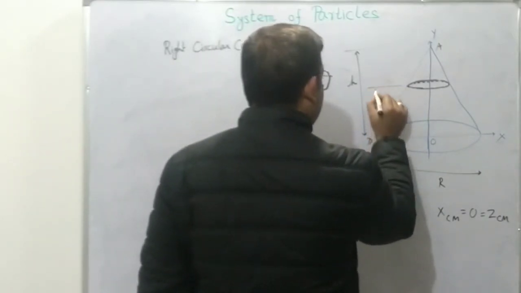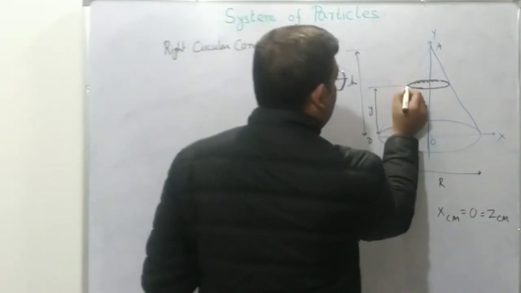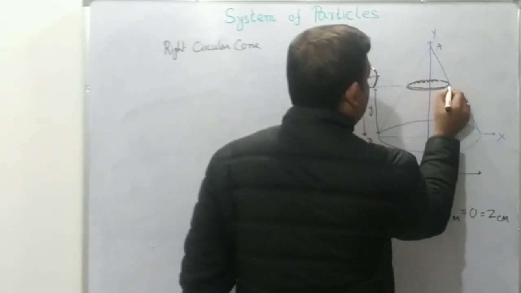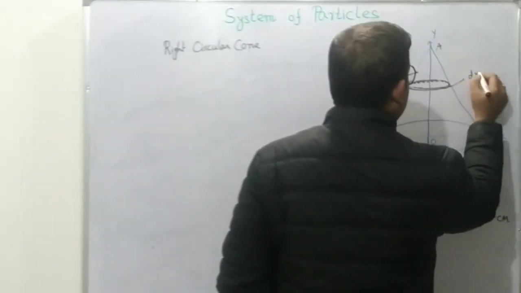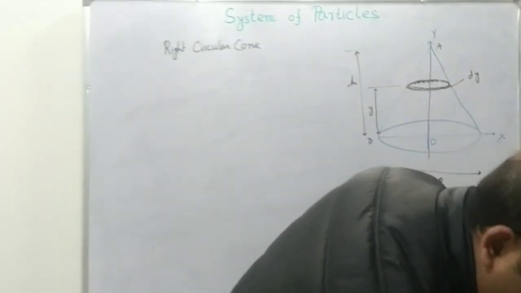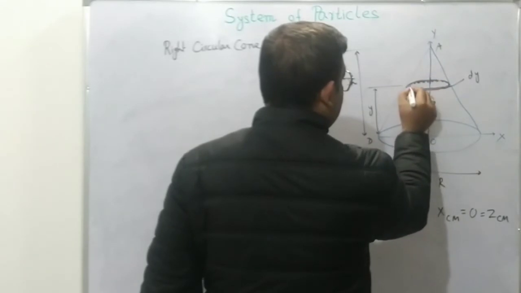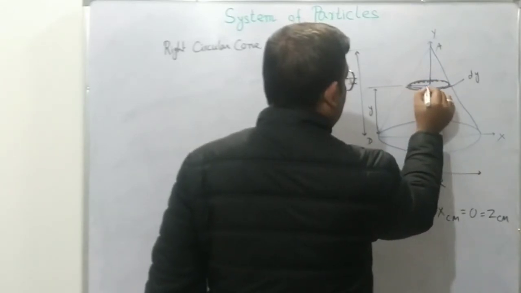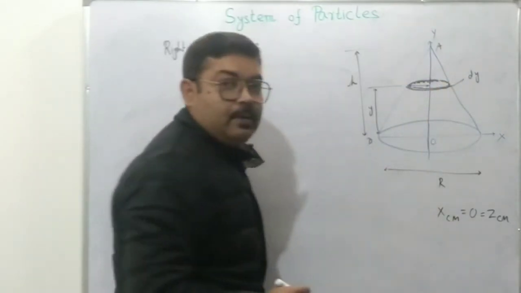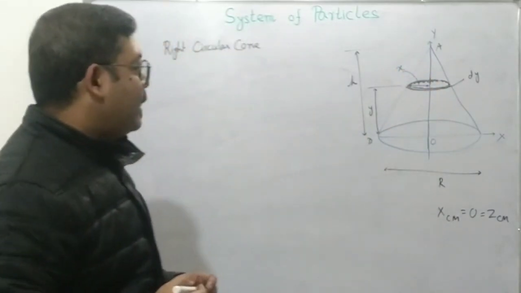Let's say this height from the origin is y, and its thickness is, let's say, dy. So if you consider with respect to the x-axis, this disk that will be formed will have, let's say, a radius of x.